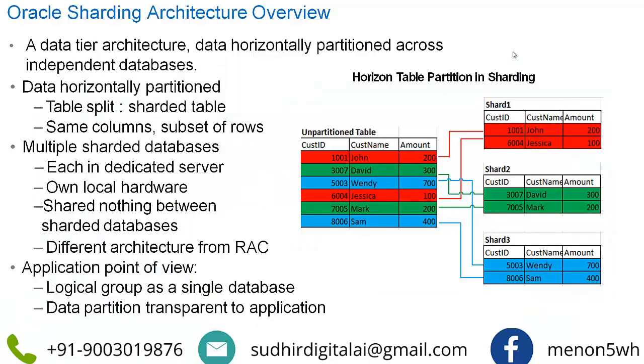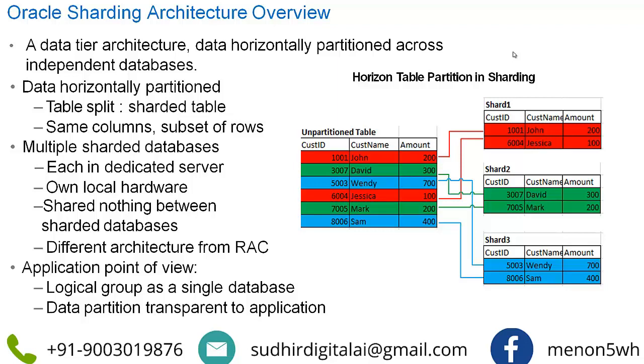So from an architectural perspective, there is an unpartitioned table here, which you can see: customer ID, customer name and amount. And you're creating three shards, shard 1, shard 2, shard 3, where you have different customer IDs and different things in parallel. Okay. Now a data tier architecture, data is horizontally partitioned across independent databases.